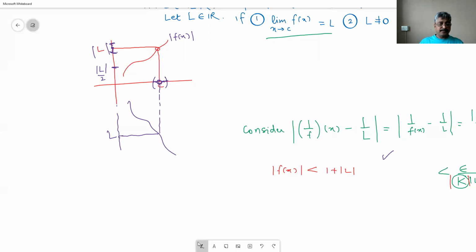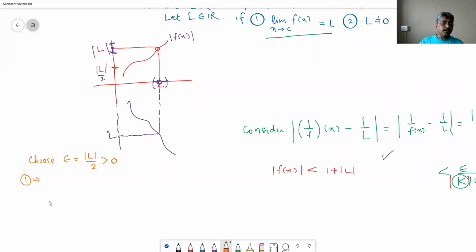Choose epsilon equal to mod L by 2, which is greater than 0. That is the point I am considering.